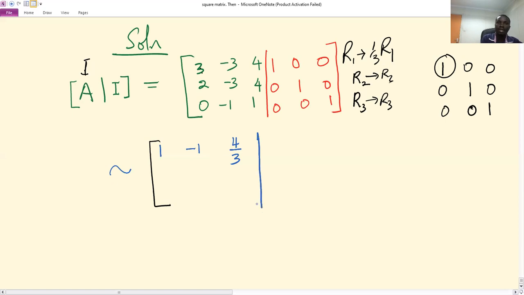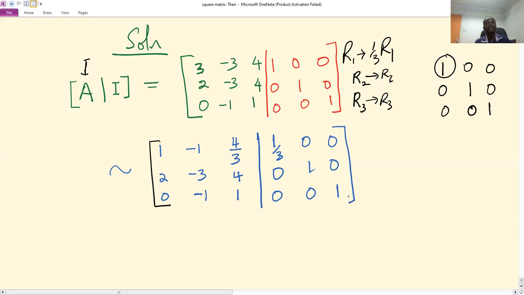Fraction gives exact values. So this a third, 0, 0, and this is 2, -3, 4, 0, 1, 0, 0, -1, 1, 0, 0, 1. That is step 1. So at least we have this.